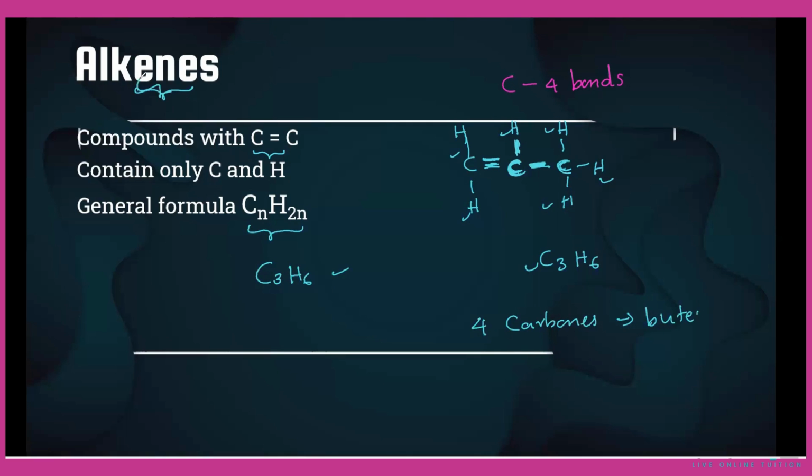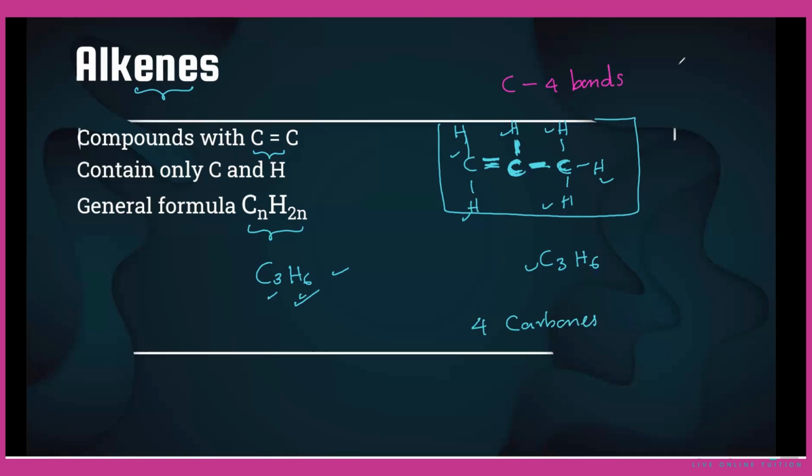Butene, because of the ene ending. Try drawing the alkene with 4 carbons and check whether the structure you draw still follows the general formula by the number of carbons and the number of hydrogens.